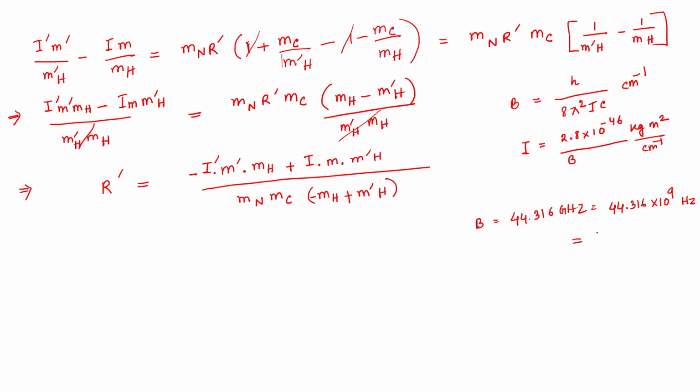So we will multiply it with, divide it by the speed of light, 3 into 10 to the power 8, that is second inverse. Rg is second inverse, right? Is centimeter into second inverse. Now you will get your thing, 44.316 divided by 3 into 10 to the power 10, 1.4772 centimeter inverse.